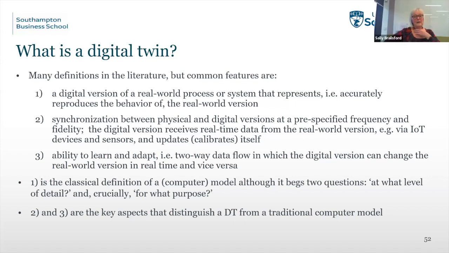This is the latest buzz thing. I was at the Winter Simulation Conference in December, and the tracks on digital twins are enormous now. It's the latest thing. I have to say, I'm not totally prejudiced against them.